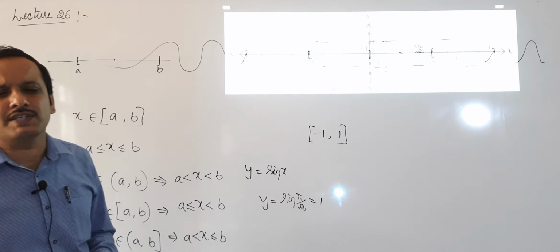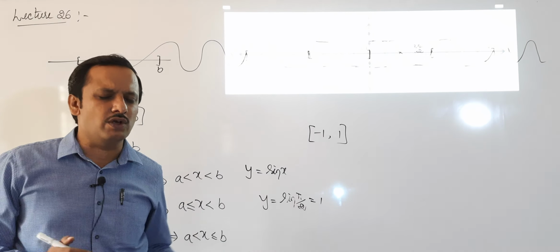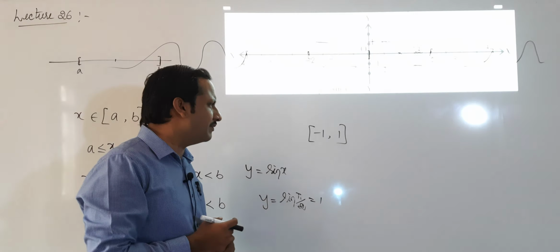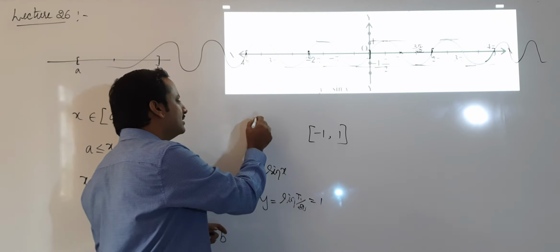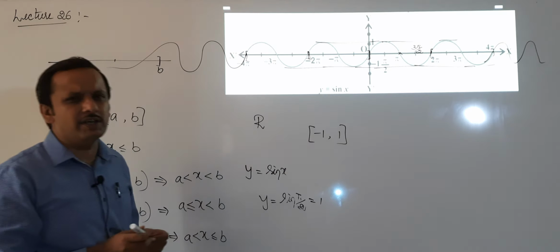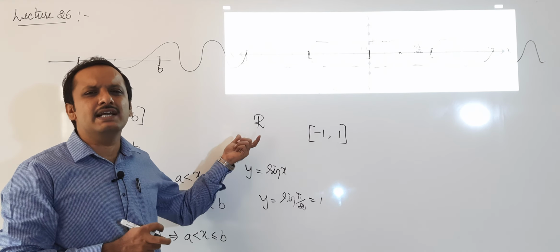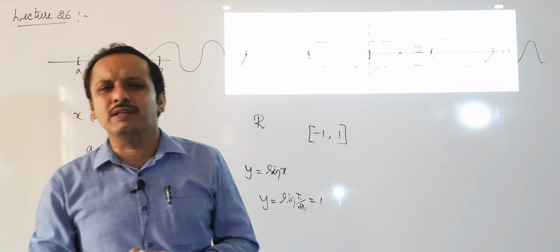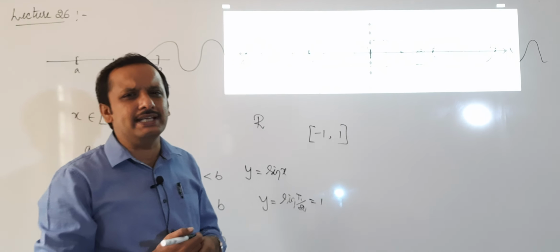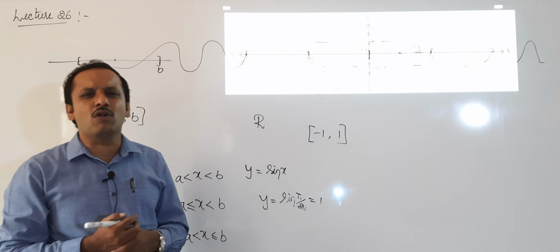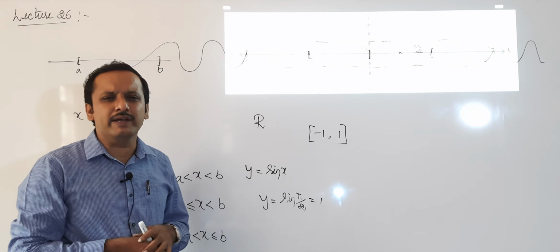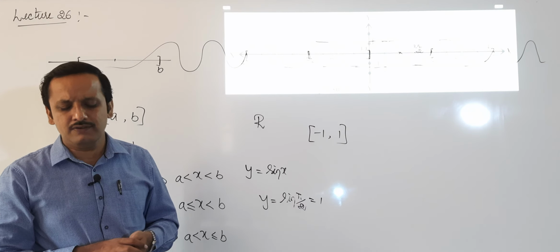So the domain of sin x is -infinity to +infinity, or we can say the set of all reals. Now I have briefly explained what I mean by domain and range. Later on in another chapter called functions, you will understand in detail about the domain and range of a function.